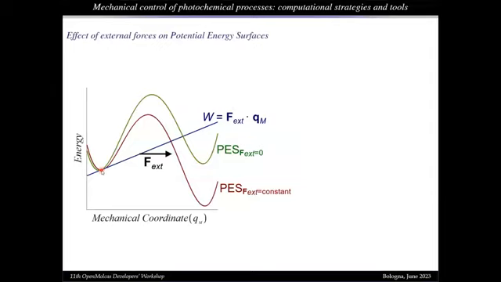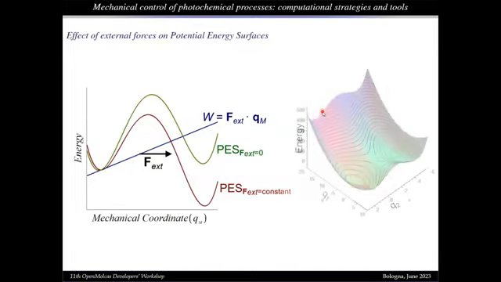In fact, we can see that the stability of the minima is the opposite of what we have in green. So now this minimum is lower in energy than this one, and also the transition state energy, in this case the activation energy, is also changing.